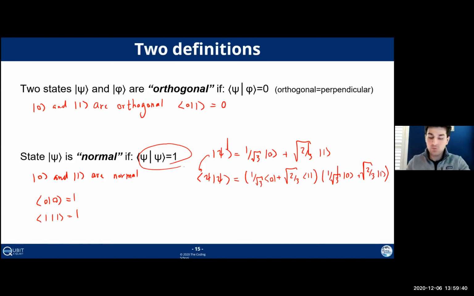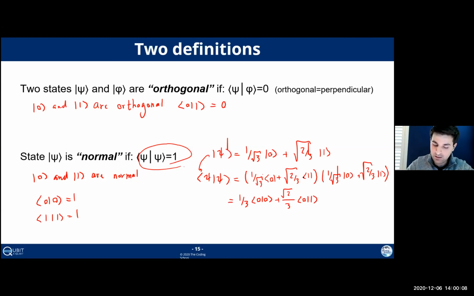And again, if we go step by step as we did before, I multiply the first element of this parenthesis with the first element of the other parenthesis. That gives me 1/3, 0, 0. And then the first one here times the second one there gives me square root of 2 divided by 3, 0, 1.